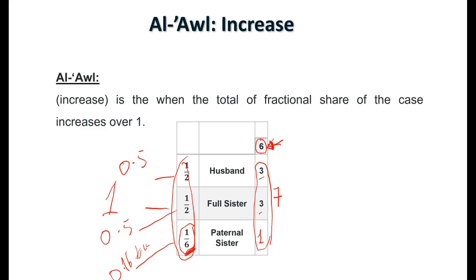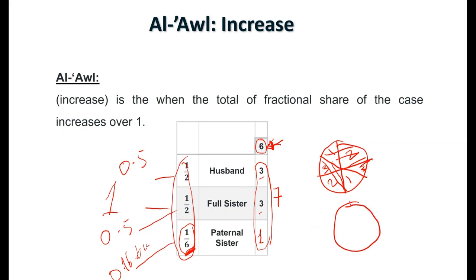The wealth cannot be divided from 6 now, because if we divide out of 6, that means 1, 2, 3 goes to the husband, and then 1, 2, 3 goes to the full sister. So in this occasion, we need to divide in 7 divisions.